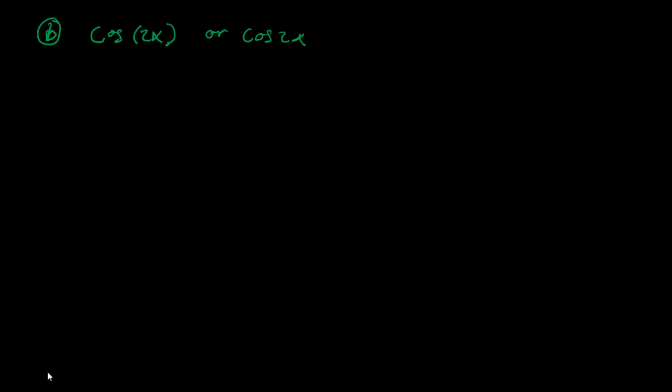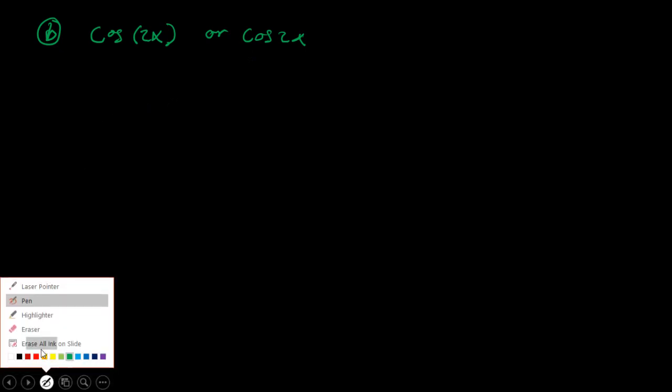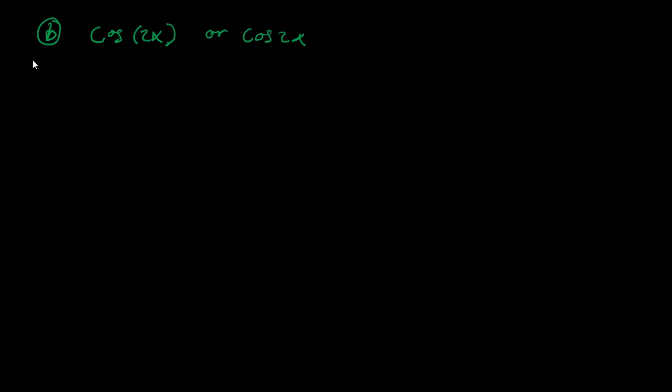So cos 2 alpha can be derived from the identity, which is cos 2 alpha is simply equal to cos squared alpha minus sin squared alpha. This is one of the identities which you can use.